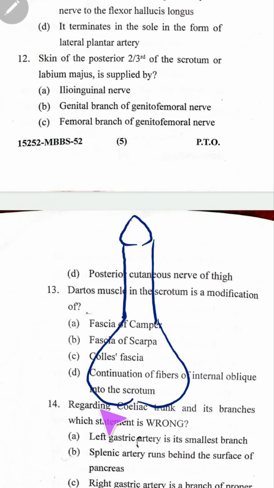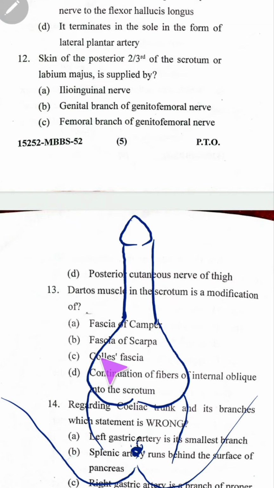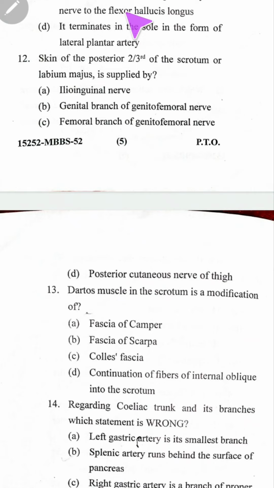So, you can draw it like this. This is the perineum, and below this here will be the anal opening, right? And you can draw this in a lithotomy type of position. So, it will be better to understand.